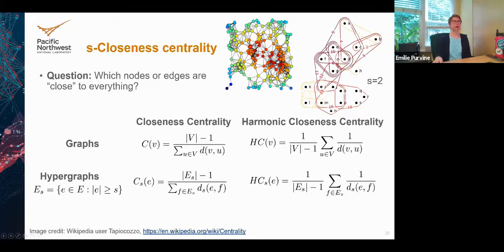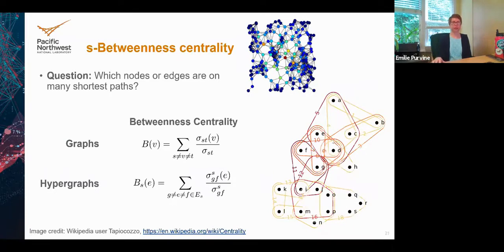So here's a picture of the hypergraph now colored by harmonic closeness centrality for S equals 2. So notice that the edges that were not part of that big 2 component that were all on their own have this closeness centrality of 0 because they just are components all on their own. Similarly, betweenness centrality can be defined in a graph.